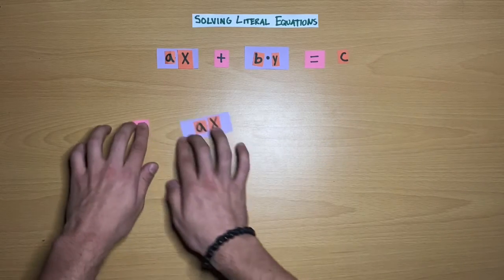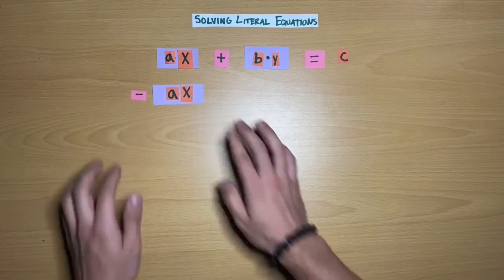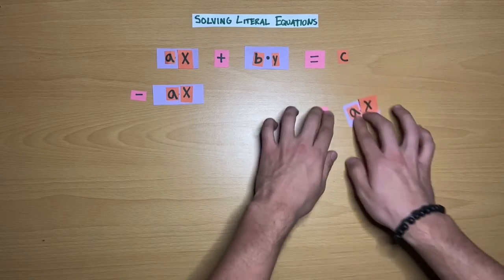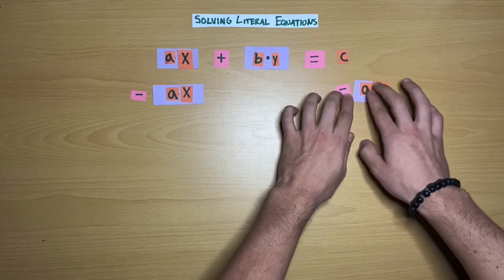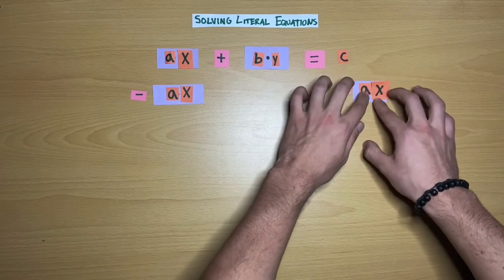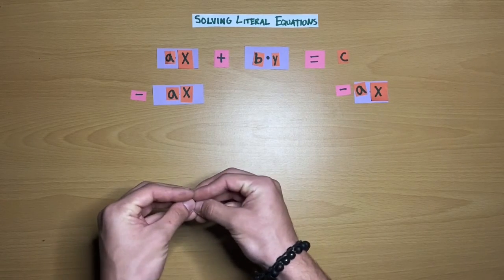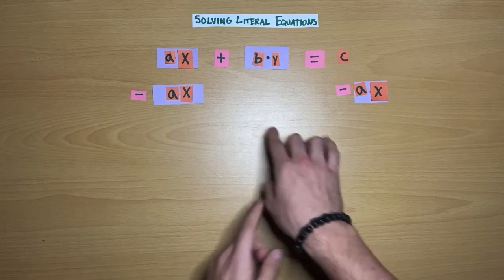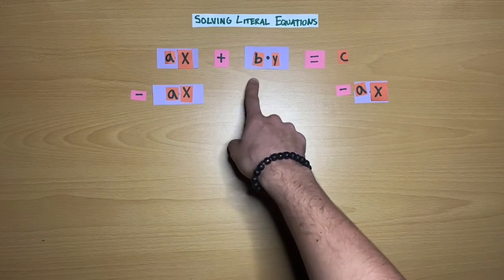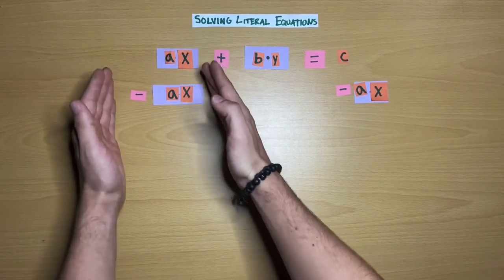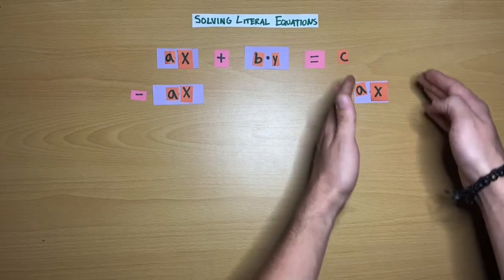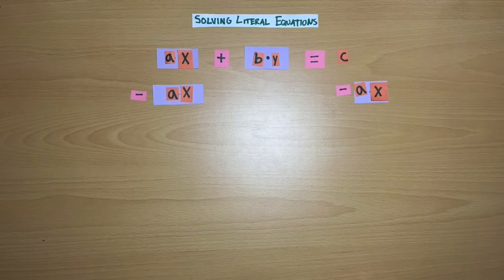So if we subtract ax from both sides, which is perfectly acceptable, especially because we don't know what values a and x are, so we can't combine them, or we can't divide this off because it's being added. So we can just treat this as a whole term, subtract it from both sides, and it would move it over here.